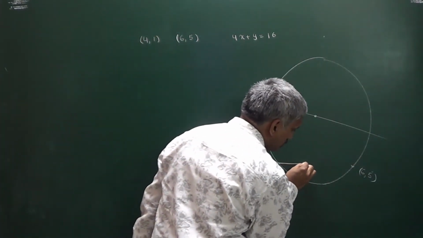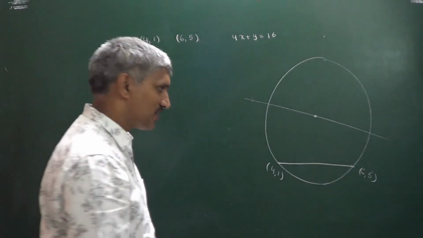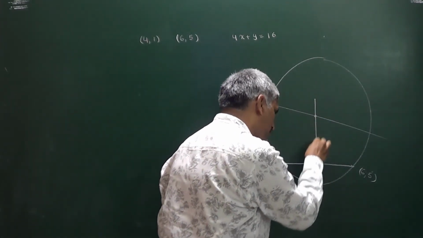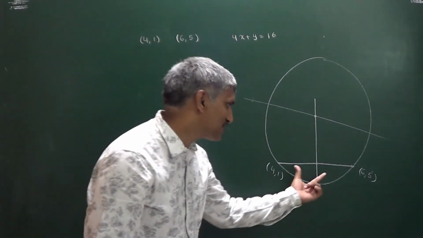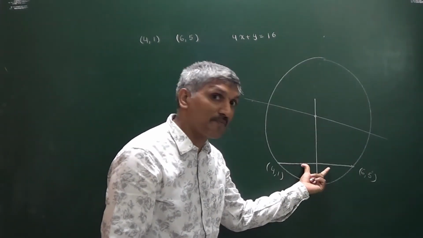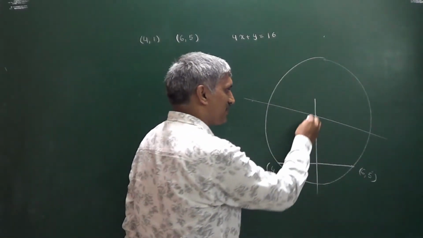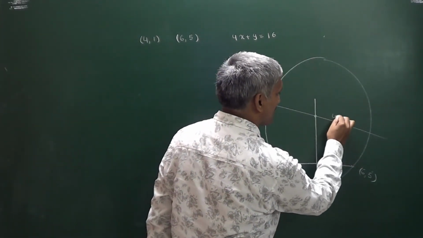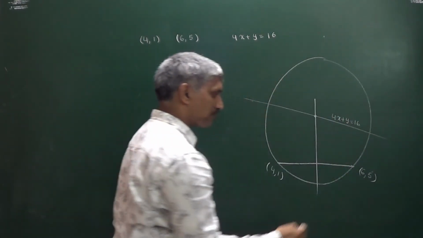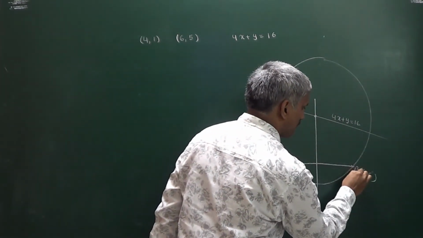Now join these two points, it is the chord, right? Now can you find out the perpendicular bisector for this or not? So the perpendicular bisector of the chord must pass through the center of the circle. You know this line equation as 4x plus y is equal to 16. Now can you tell me what is the slope of AB?